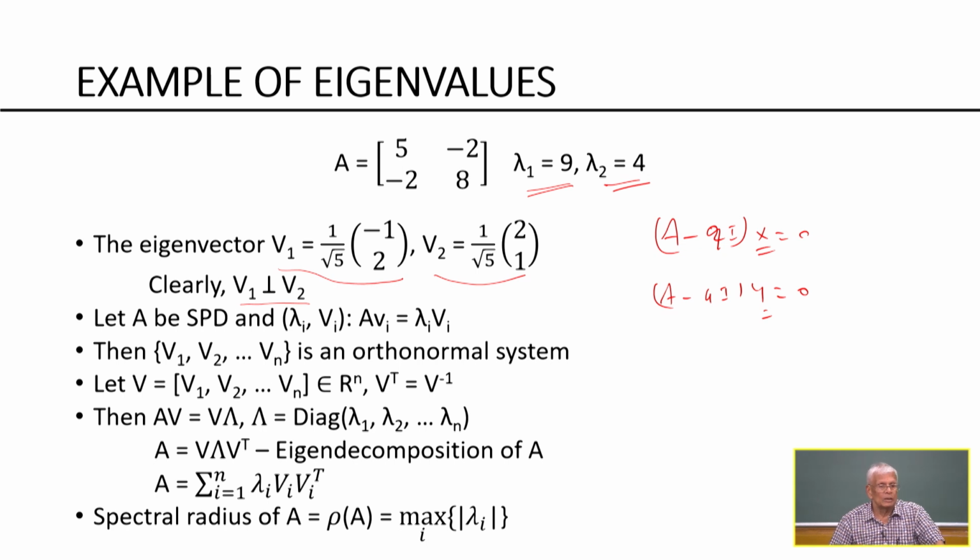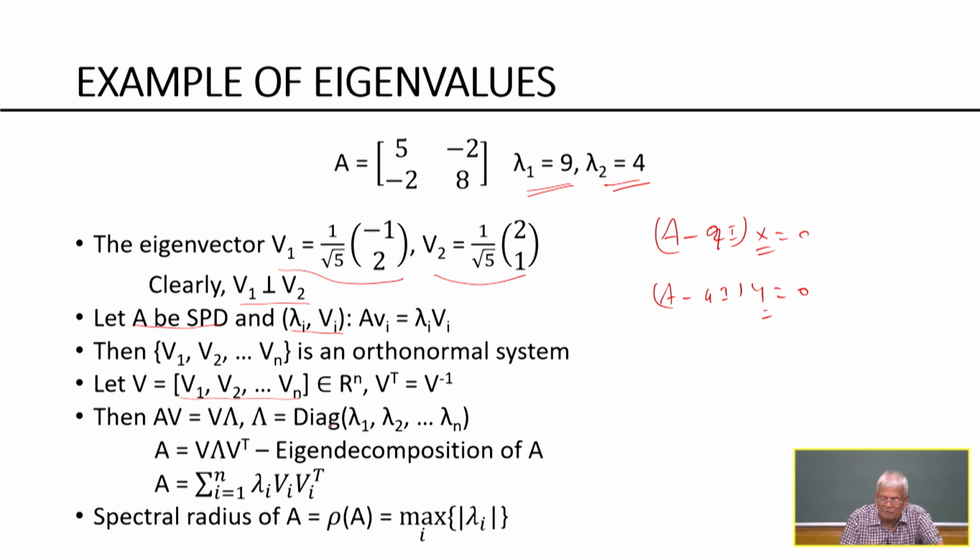So let A be an SPD matrix. Let lambda i, vi for i equal to 1 to n be the collection of eigenvalues and eigenvectors. Now I can see there are n eigenvalues, there are n eigenvectors. I can collect all the n eigenvectors into a matrix V. So V is an n by n matrix of n eigenvectors.